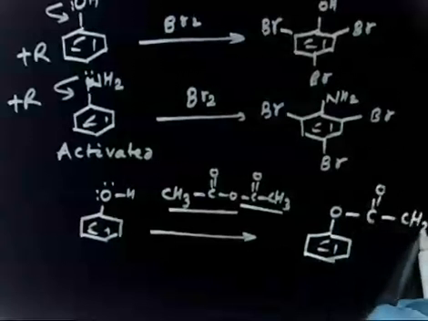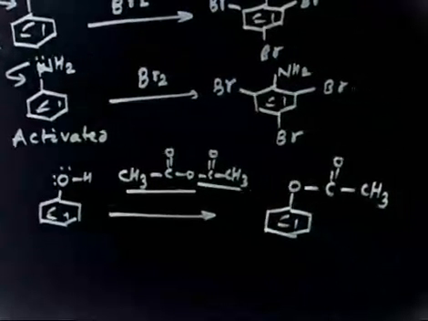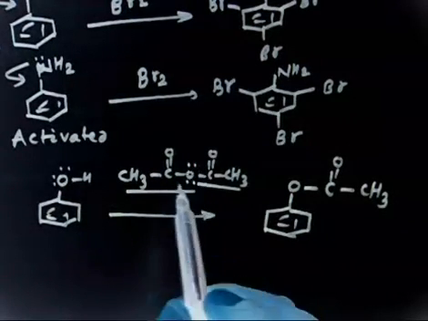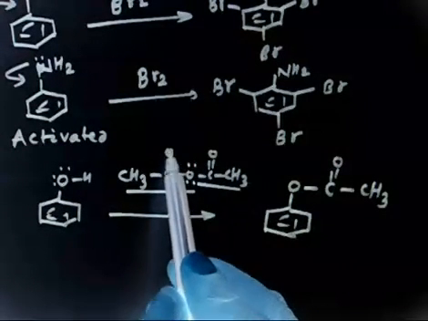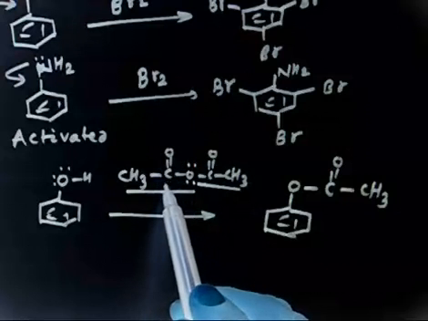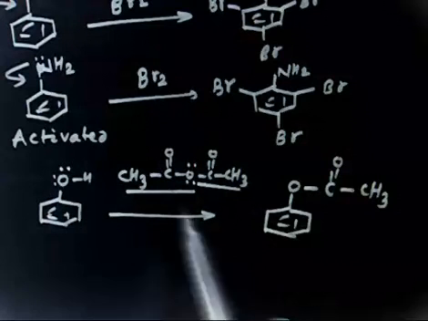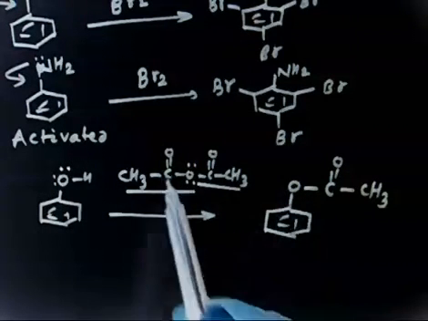COCH3. First let me ask, can you derive this product using the mechanism? I will give you a hint. This carbon with the double bond to O has a positive charge. So we have to attach this oxygen with this group.